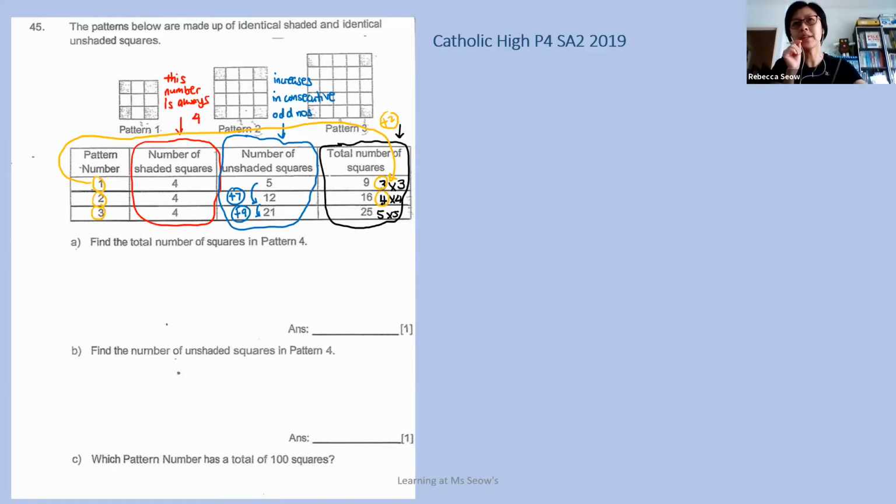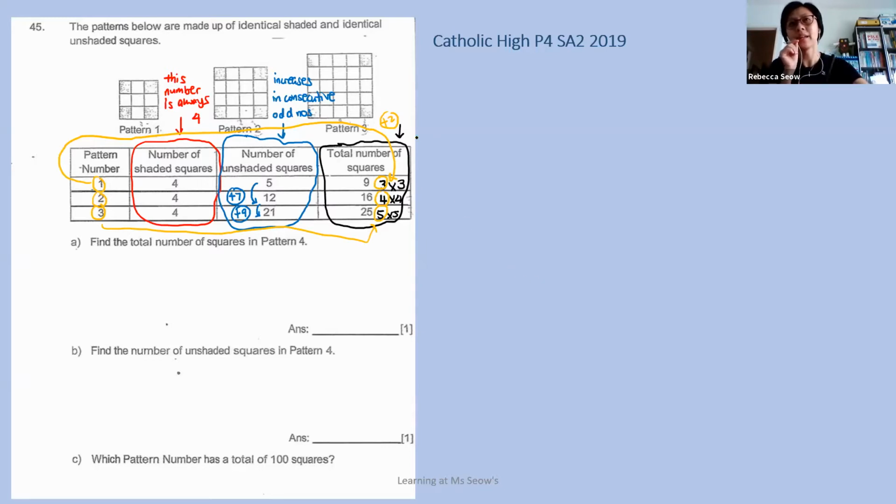Pattern number 3 will correspond to the product of 5 times 5 because 5 is 3 plus 2. And yes, we got it. So from here, we can see that the last column, in terms of total number of squares, is broken down into one number multiplied by itself, and this number is actually 2 more than the pattern number.